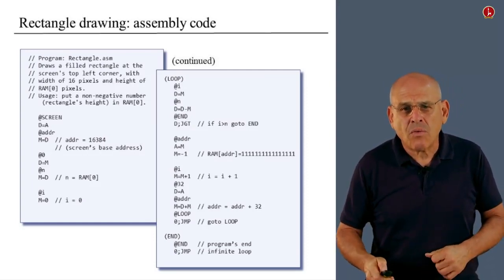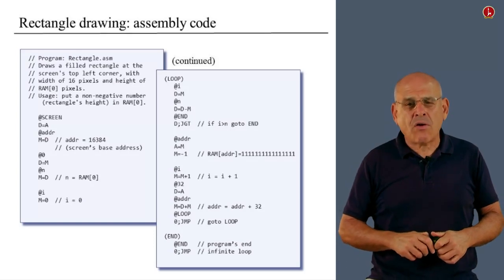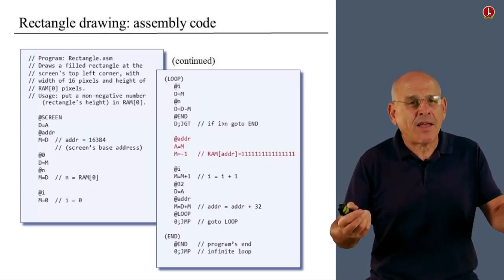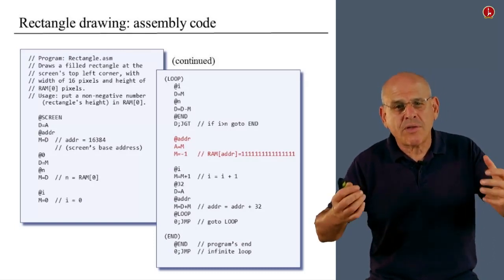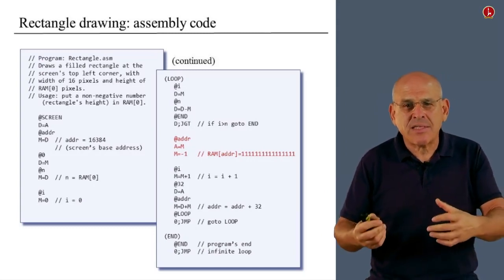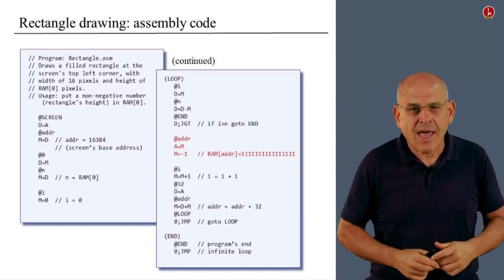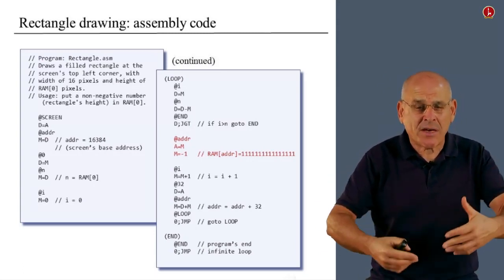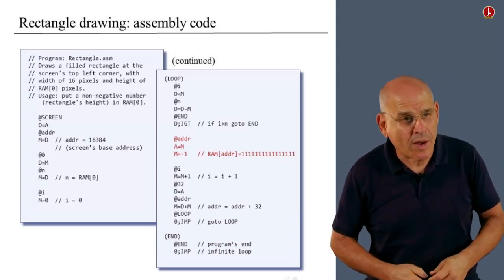And one area of the code which is kind of interesting is this area in which I finally computed the address on which I want to operate. I set this address into the A register, and then I operate on this particular memory register and set it to -1.